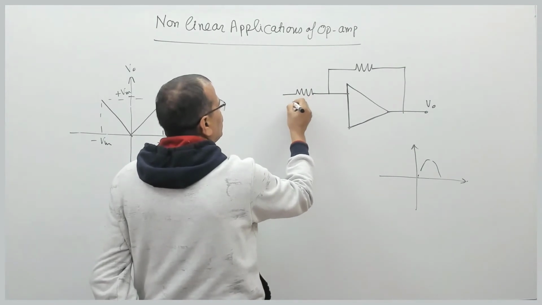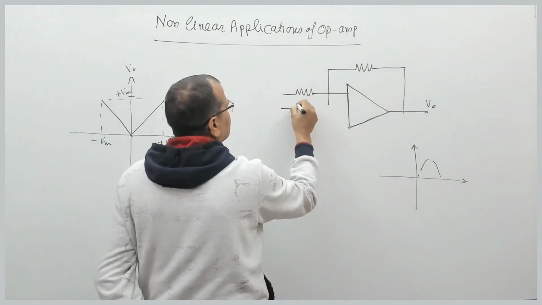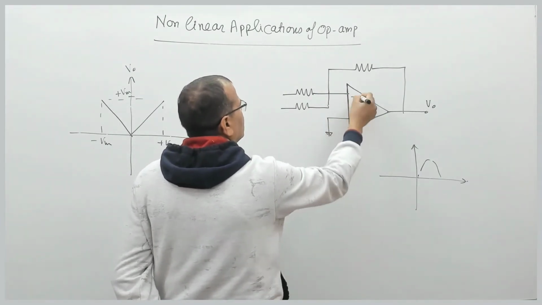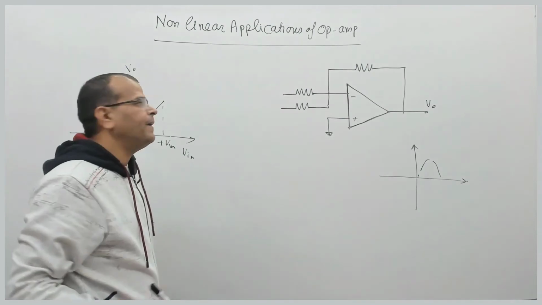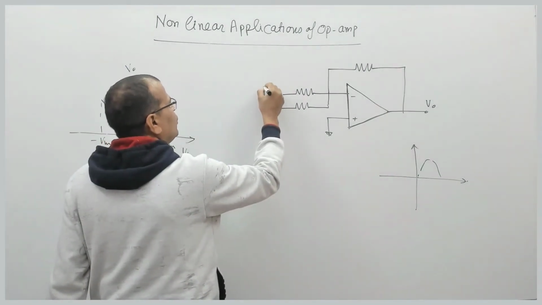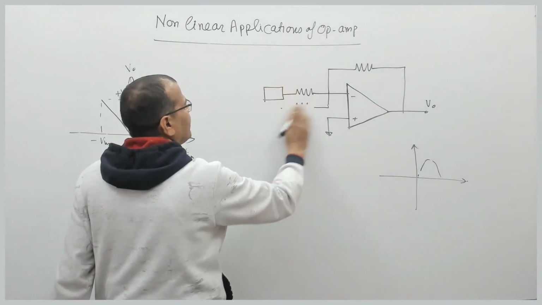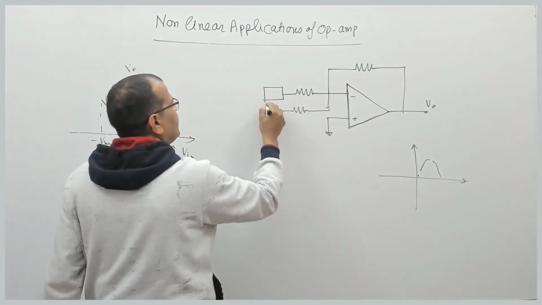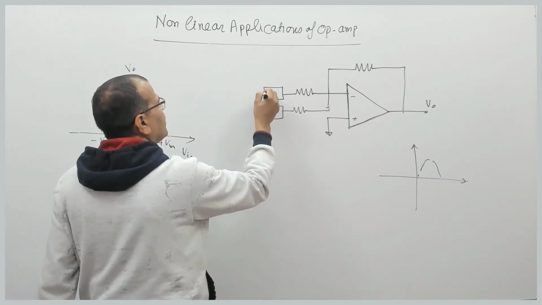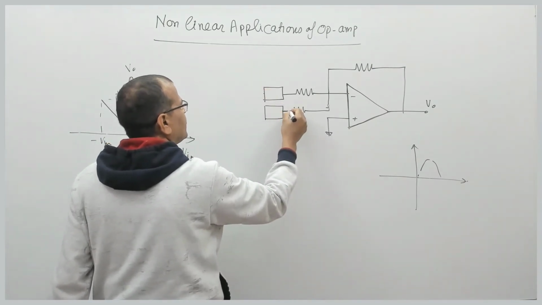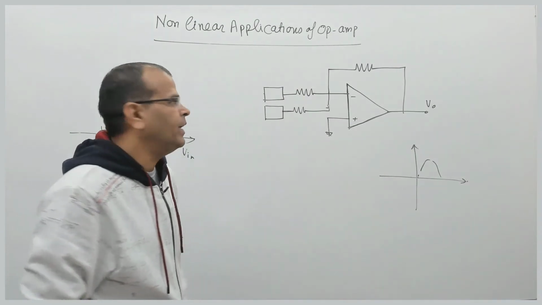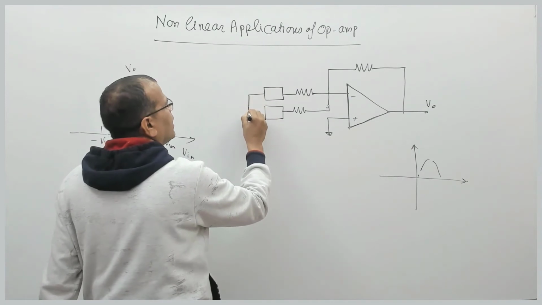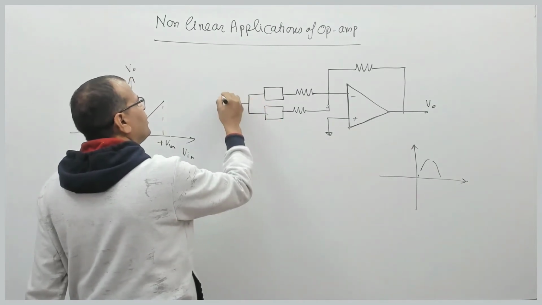Again, what I do, I connect one more resistance here, right? And this is grounded. This is minus, this is plus, right? And here, we connect one half wave rectifier, right? And here we connect another half wave rectifier, like this. Fine. Now both of these are connected to input.